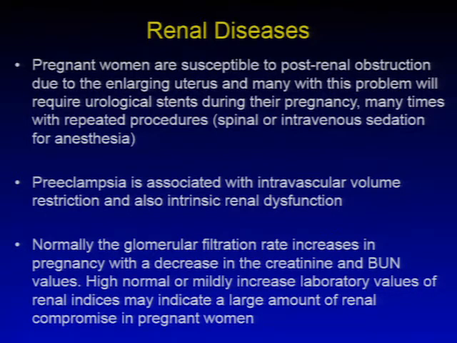Normally, the glomerular filtration rate increases in pregnancy with a decrease in the creatinine and the BUN values. In the preeclamptic woman or the normal pregnant woman, therefore, a high normal or mildly increased laboratory value of renal indices may indicate a larger amount of renal compromise than it would suggest in a non-pregnant woman.